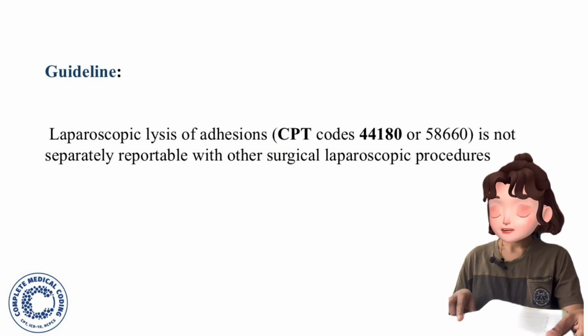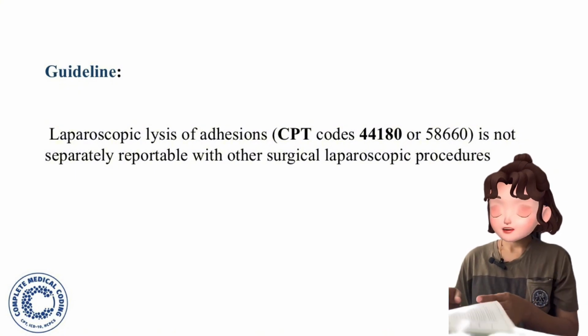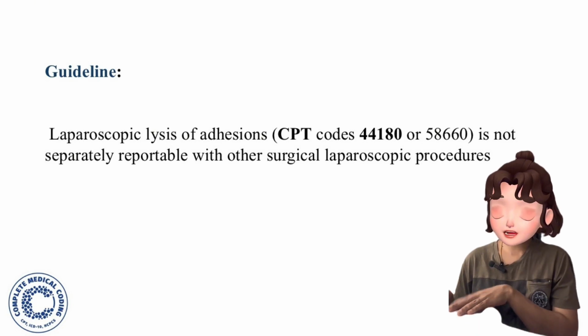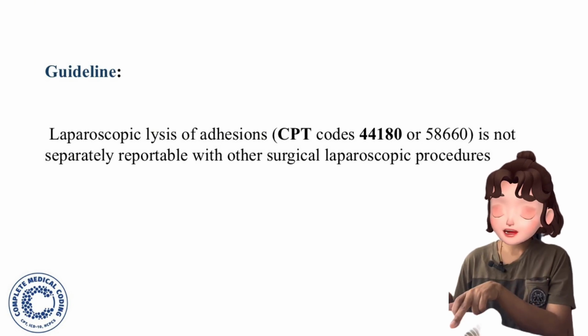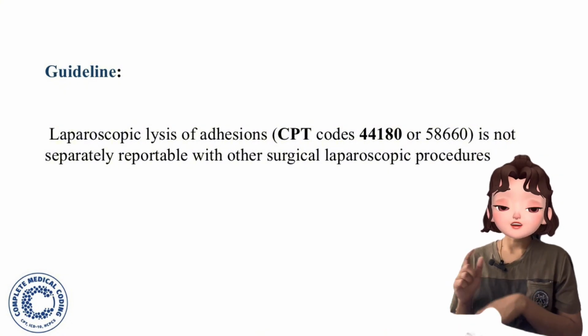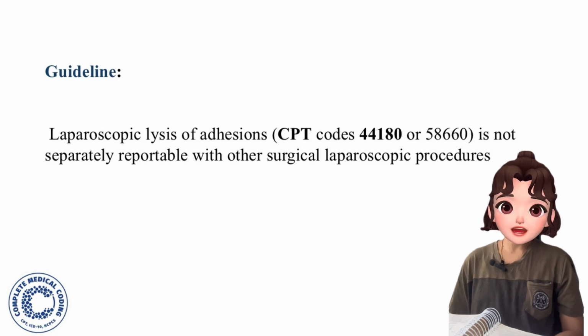It's the same. Salpingolysis or ovariolysis. So these two codes, laparoscopy with lysis of adhesions for salpingolysis or ovariolysis, or this 44180, that is enterolysis, should not be coded along with some other laparoscopic procedure. Okay, that is the guideline here.